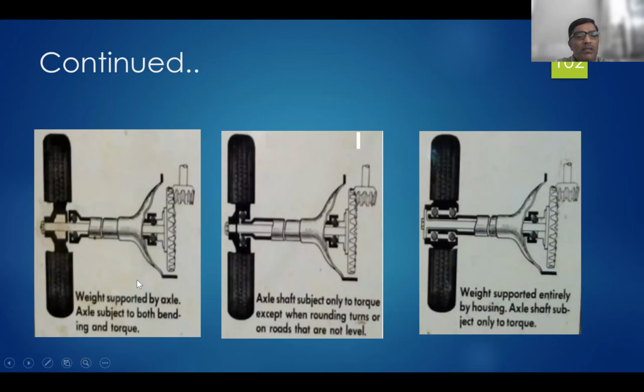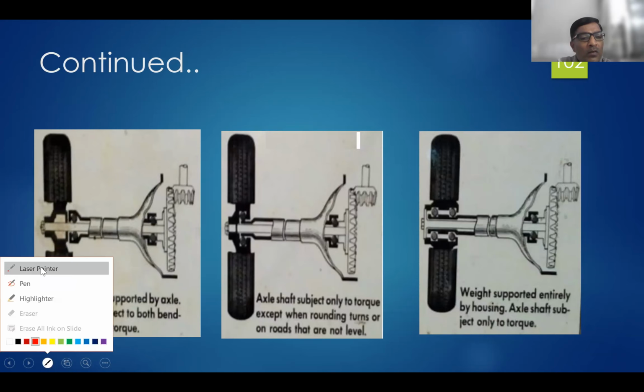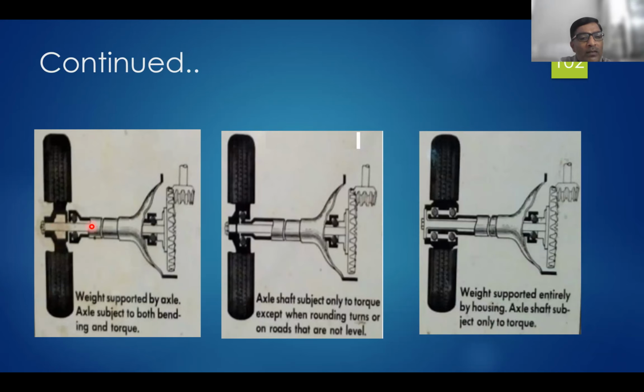Then we have seen the schematic images where we can see this semi-floating, weight supported by the axle. So you can see this one is the axle. So at the center, this is the axle. So weight supported by the axle, axle subject to both bending and torque.